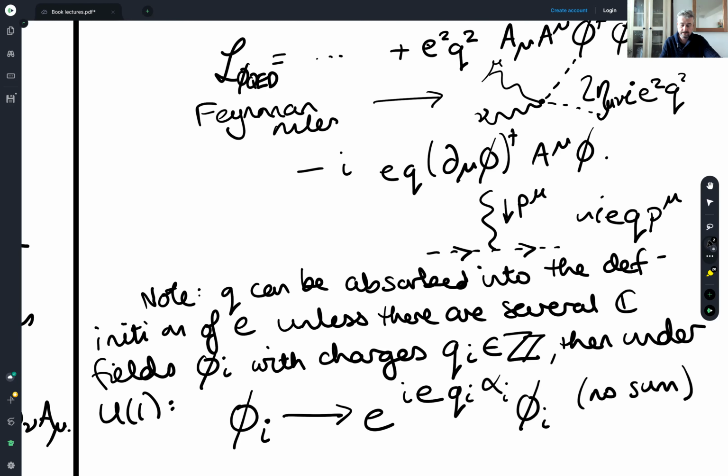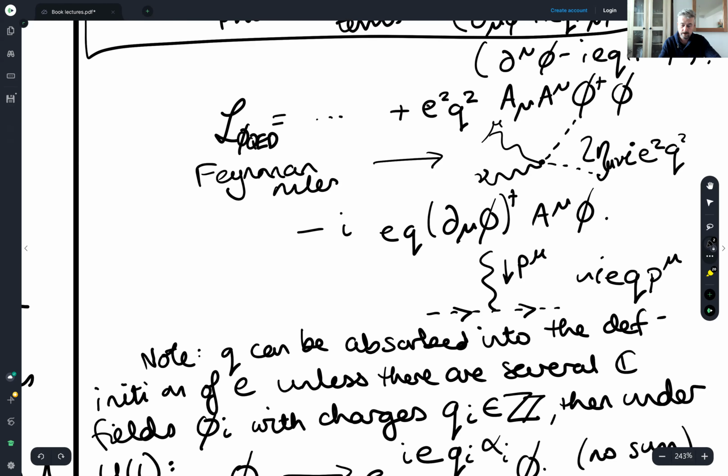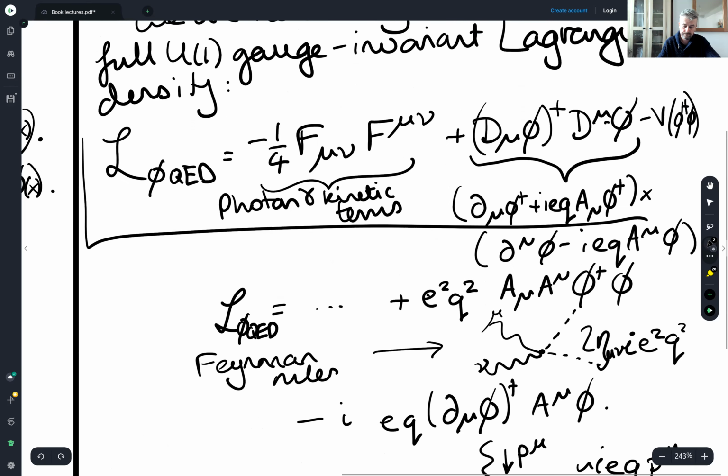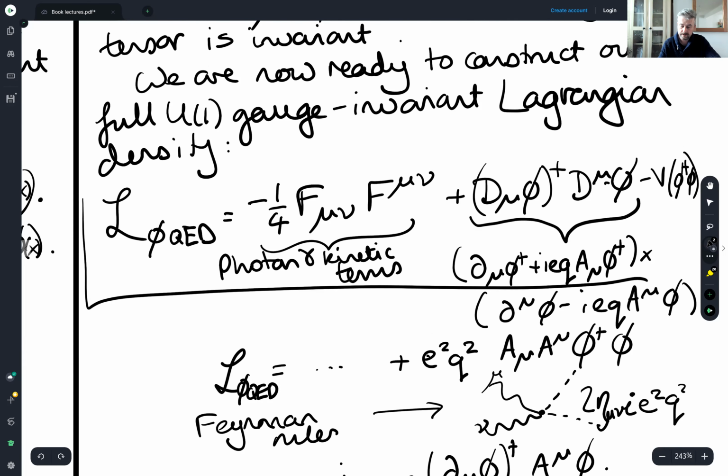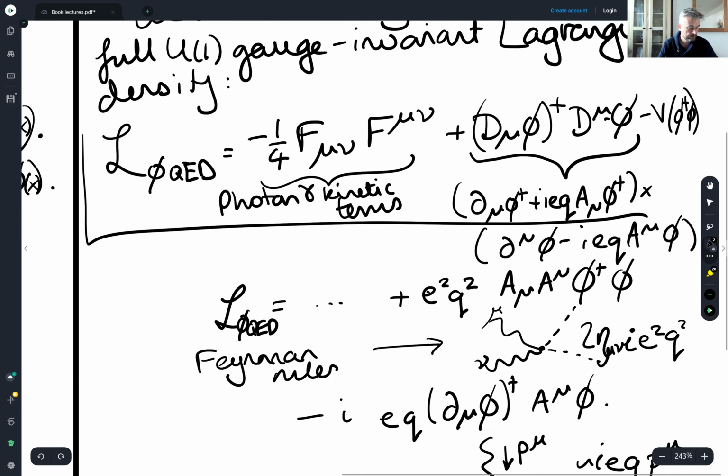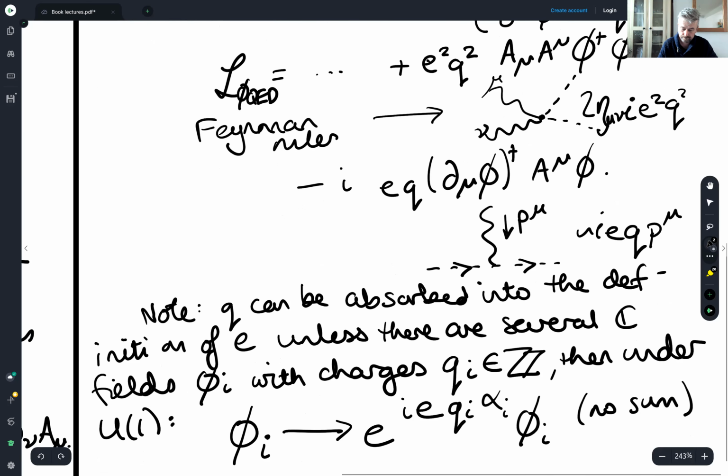Okay, and then there's a straightforward generalization where we just put i's into this Lagrangian and sum over them, and the whole thing will be gauge invariant. So that's the reason I've separated out e and Q. Good.